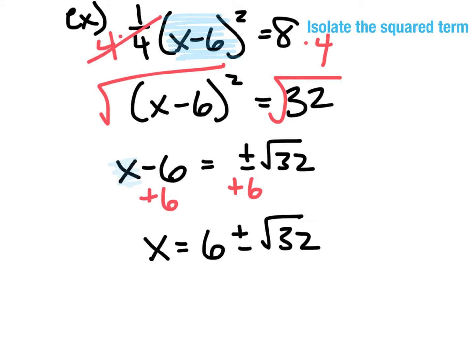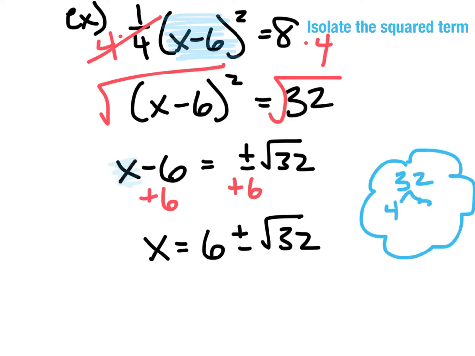So I'm not quite done. The last step is I need to see if I can break down the square root of 32. So let's go back to our little thought bubble. Are there any perfect squares that go into 32? Well, yeah, there are a couple. 4 is a perfect square, 4 times 8.